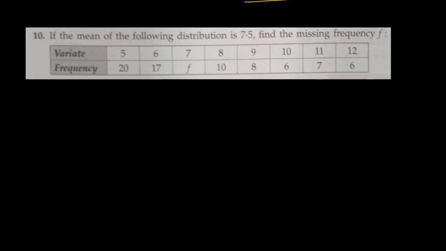Now the 10th problem. If the mean of the following distribution is 7.5, find the missing frequency. So we have given the value of mean and one frequency is unknown that we have to find out. So again, what we do, first we make the column like x, the value of x is 5, 6, 7, 8, 9, 10, 11 and 12.